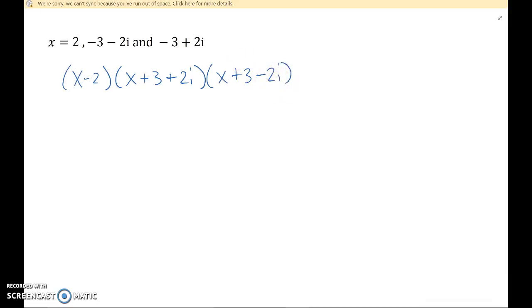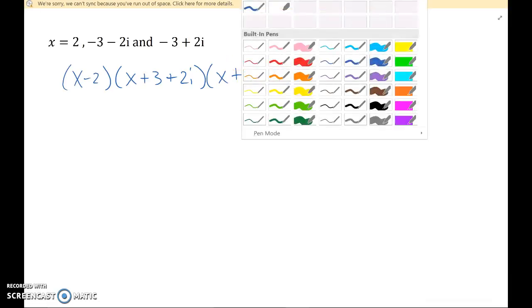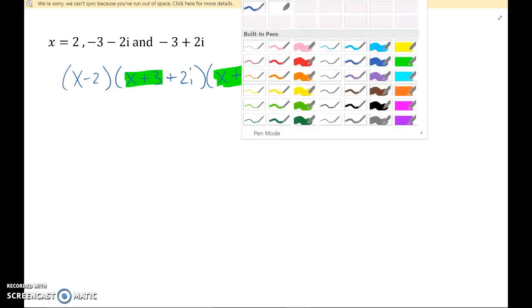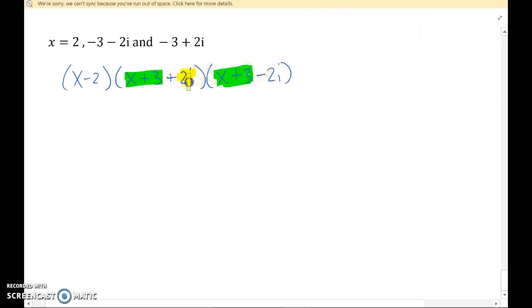And again, I would suggest using the shortcut. I would do the second set of parentheses first. It doesn't matter, but I think that it's going to make the process much simpler. Plus, we can use the shortcut. And so the things I have highlighted are what we multiply according to their color.